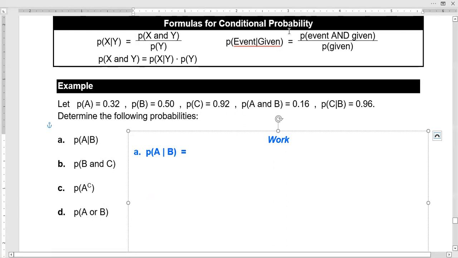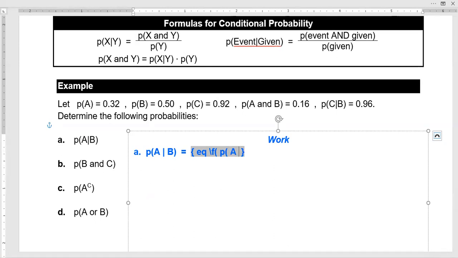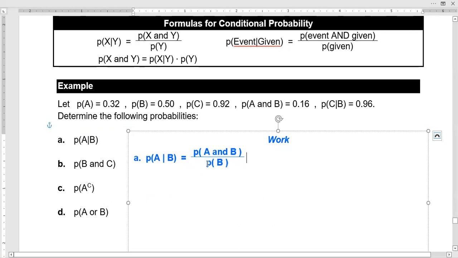I'm going to use this format of the formula. In this case, A is the event and B is the given. So this is going to be the probability of A and B, the event and the given, over the probability of the given, which in this case is B, since that's the second one provided.